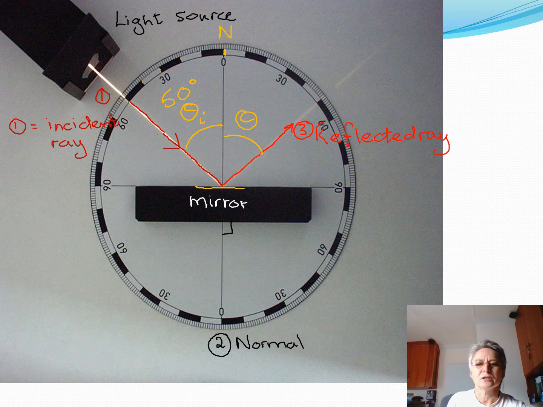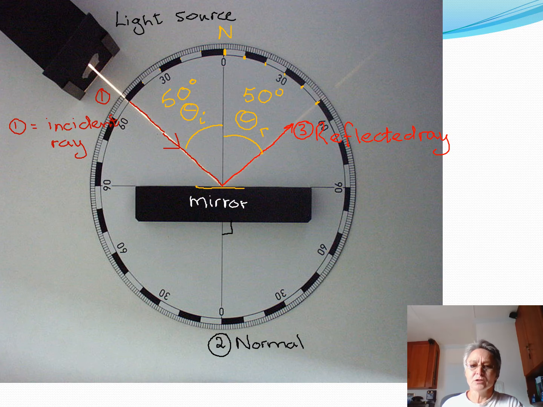So I'm going to say theta r. And if we measure it using the protractor they've got here, it's 0, 10, 20, 30, 40, 50 degrees. So for reflection, the angle of incidence will always be equal to the angle of reflection.